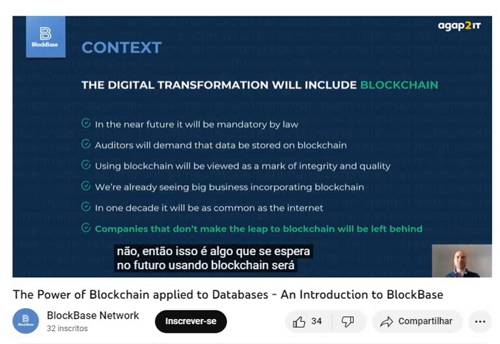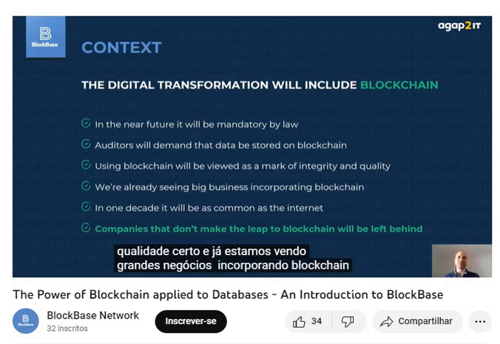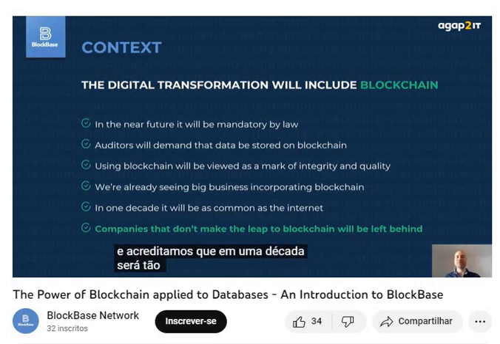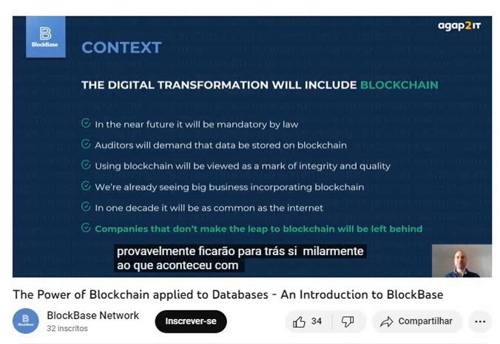Using blockchain will be viewed as a mark of integrity and of quality, right? And we're already seeing big business incorporating blockchain. And we believe that in a decade, it will be as common as the internet, and companies that don't make this change will probably be left behind, similarly to what happened with the change of the internet.